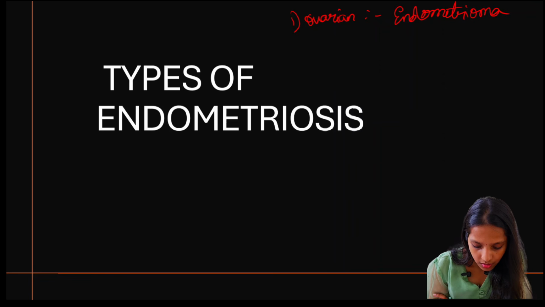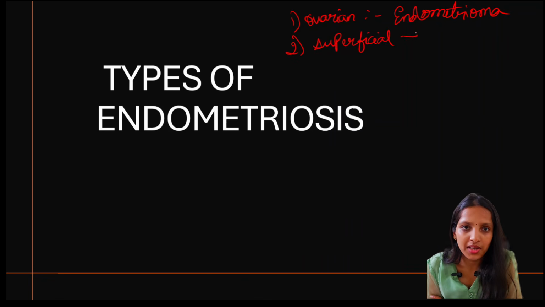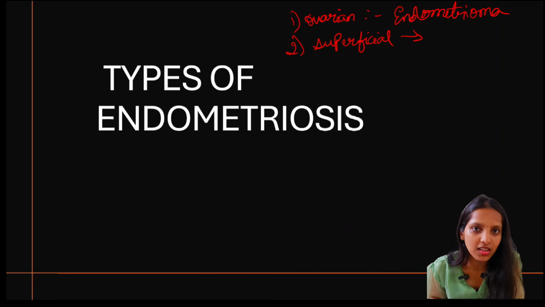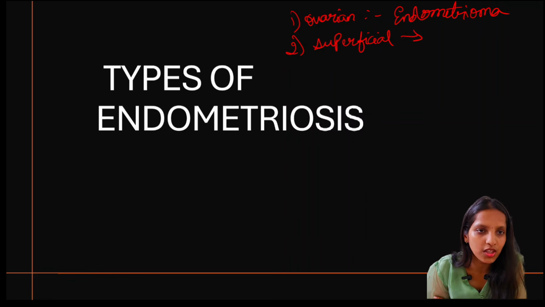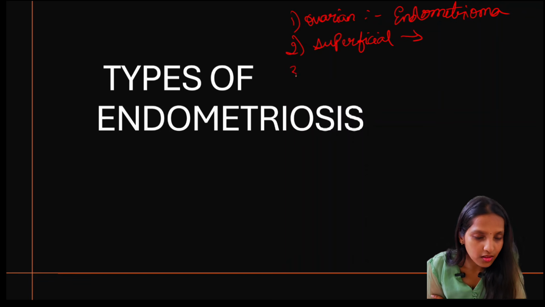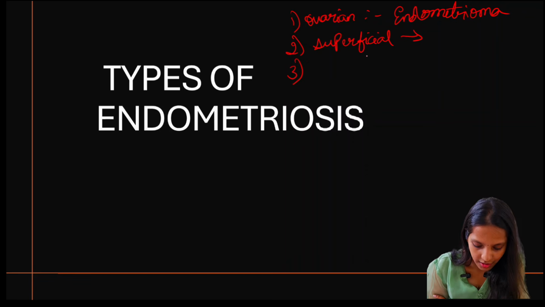The second is the superficial type of endometriosis, which cannot be picked up by even the most sophisticated MRI or the classical ultrasound imaging systems. It is usually missed on imaging and relies on the clinical setup.